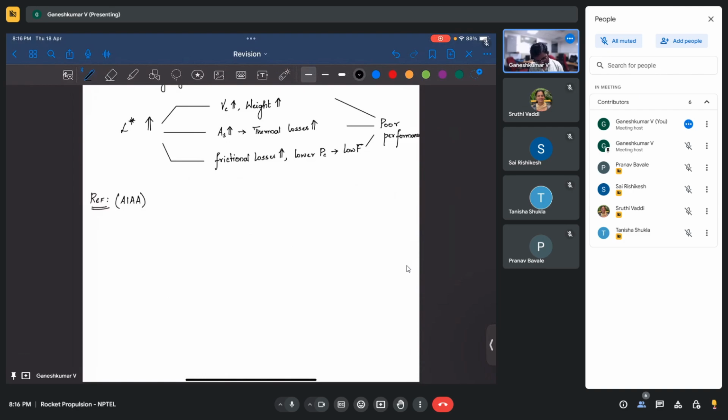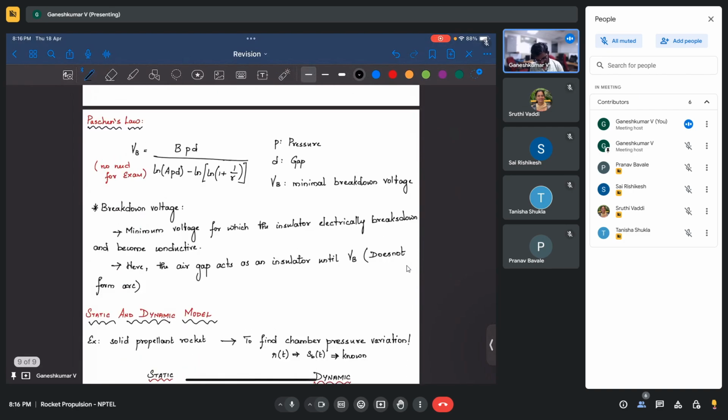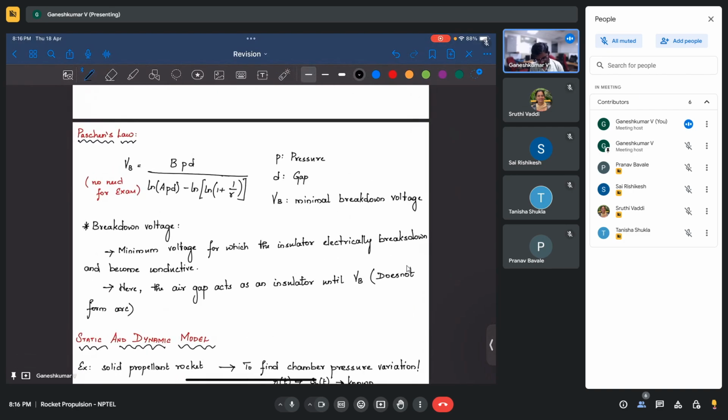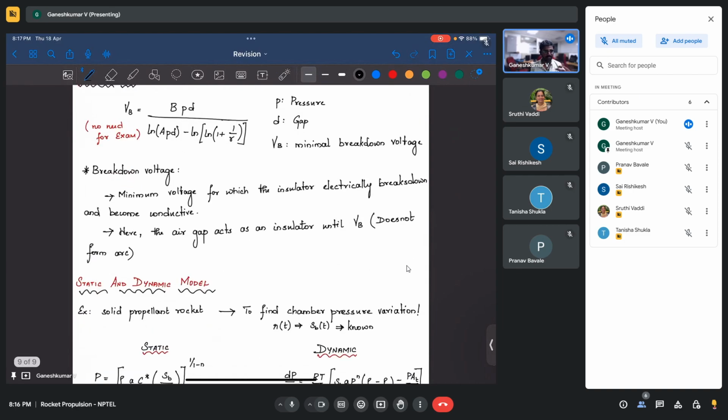So yeah, that is about L star and the residence time. And then we have Tanisha asking about this breakdown voltage. It is nothing but the minimal voltage you require in order to form an arc.